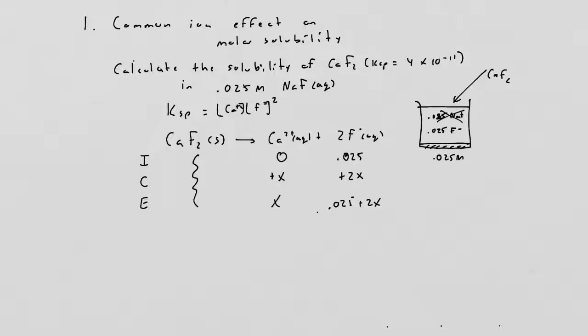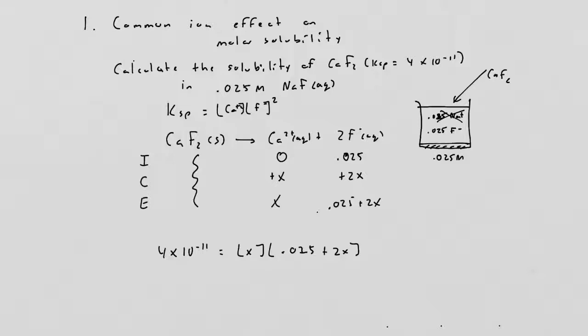Now, again, we can do the math with our new fancy calculator, and we can solve for X by plugging everything in, because we essentially get 4 times 10 to the minus 11 equals X times (0.025 plus 2X) squared.